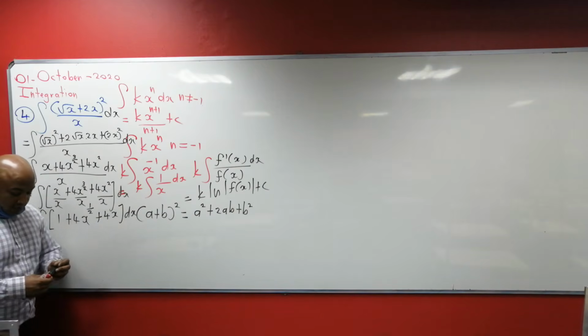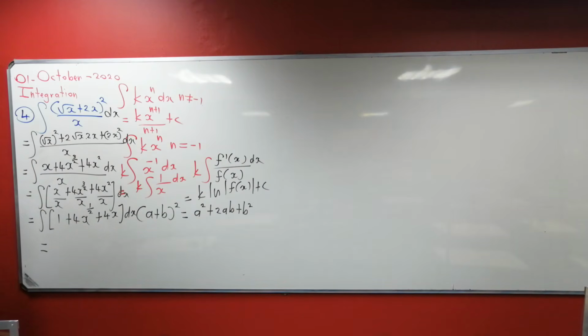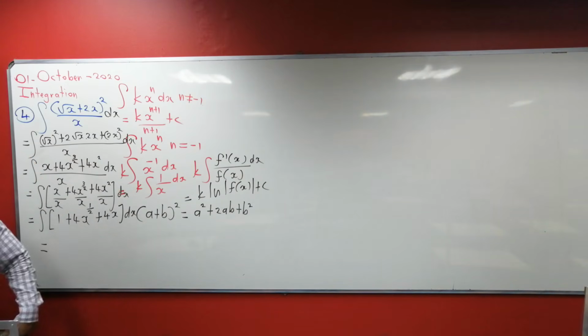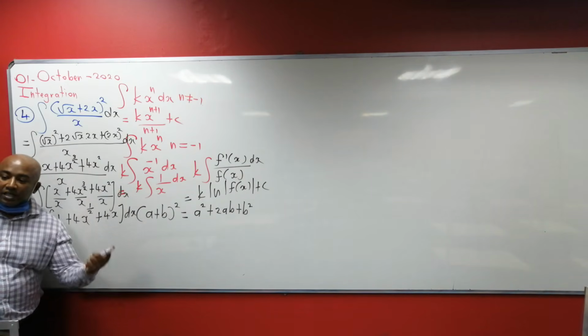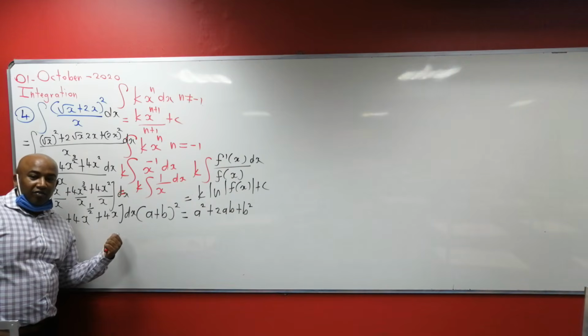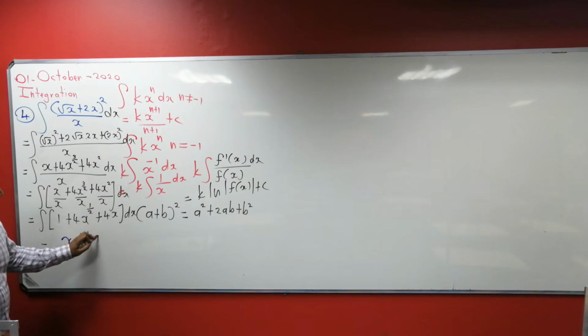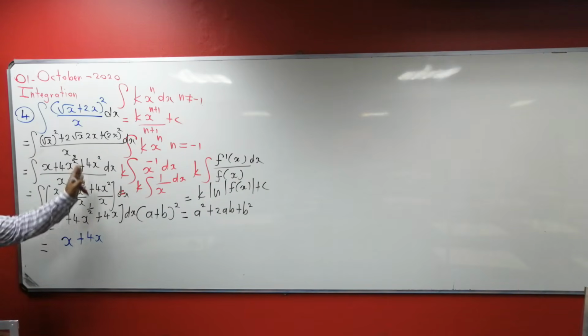So I'll integrate 1. When I integrate 1, what do I get? Think: what did you differentiate to give you an answer of 1? I differentiated x and I got 1. That means when I integrate 1, I must get x. Integrate here, that will be 4x to the power half plus 1.